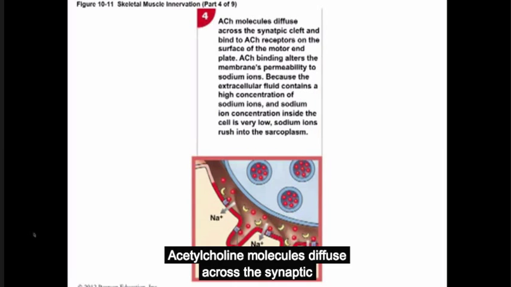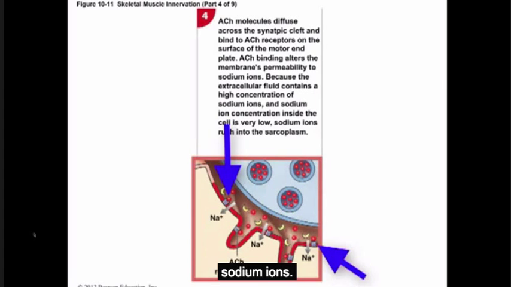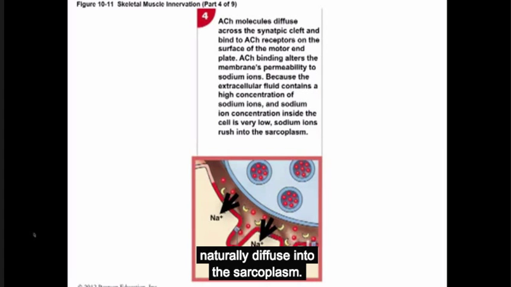Acetylcholine molecules diffuse across the synaptic cleft and bind to acetylcholine receptors on the surface of the motor end plate on the muscle. Acetylcholine binding alters the membrane's permeability to sodium ions. Sodium, which is more highly concentrated in the extracellular fluid than inside the muscle cell, will naturally diffuse into the sarcoplasm.